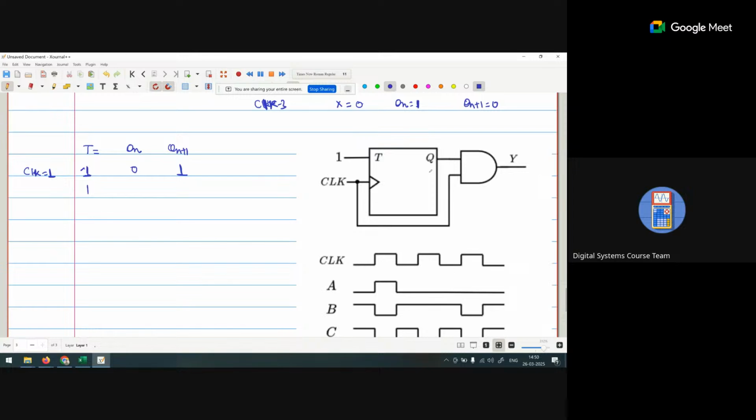And consider Qn is 1, Qn plus 1 is 0. If Qn plus 1 is 1, we are getting Y as a 1. And if Qn plus 1 is 0, we are getting Y as a 0. So simply, T is always 1, Y is nothing but Q bar.